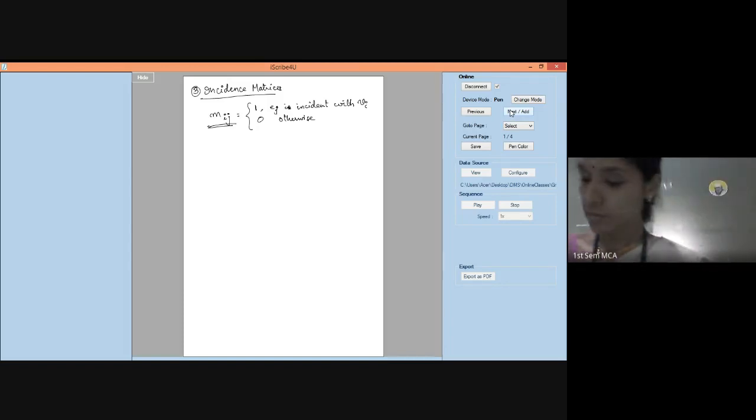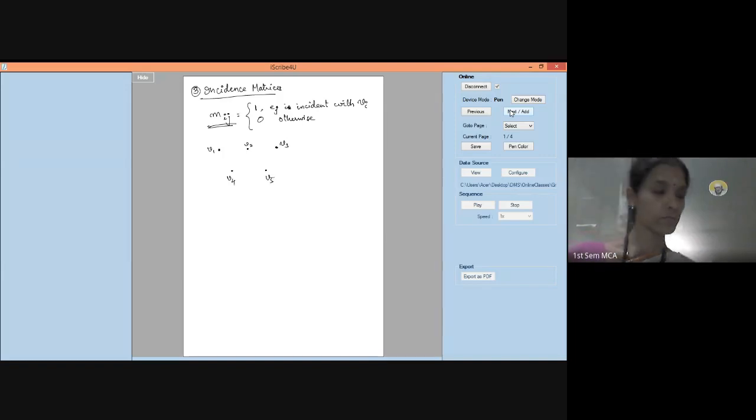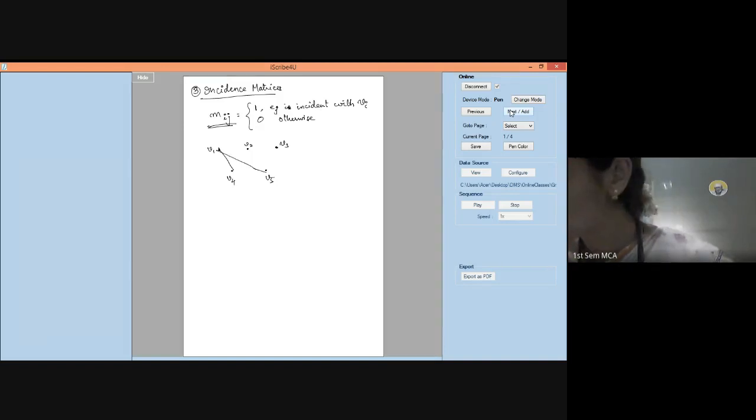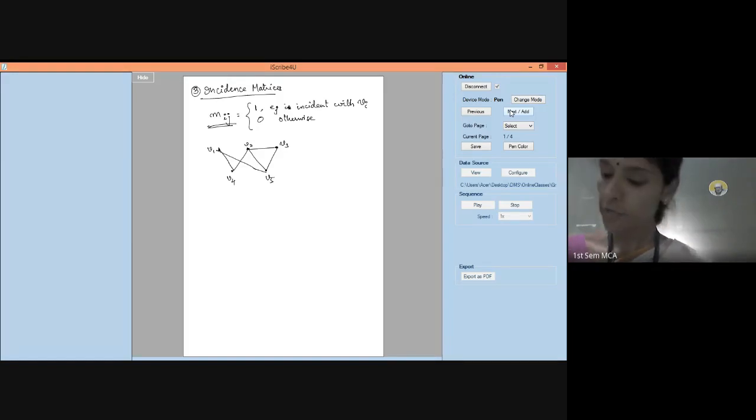Let me take an example of a graph. Call this V1, V2, V3, V4, V5. Then I have an edge here. All right, this is the graph. Let me name the edges.